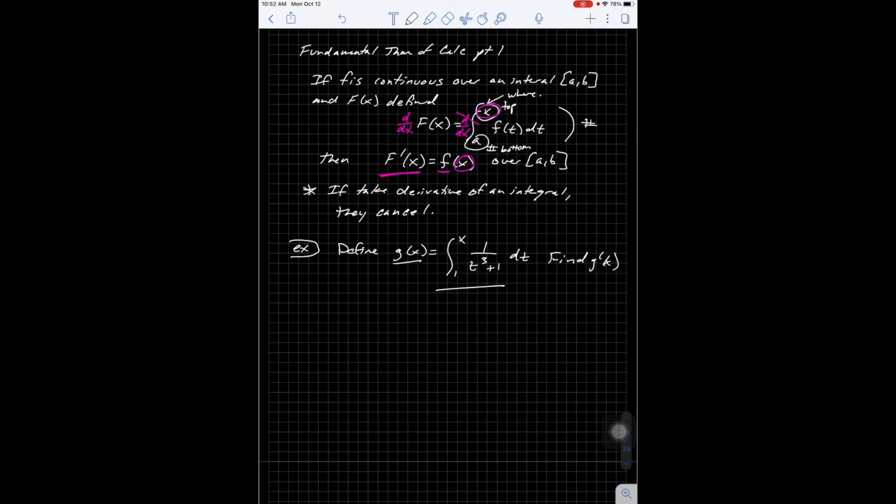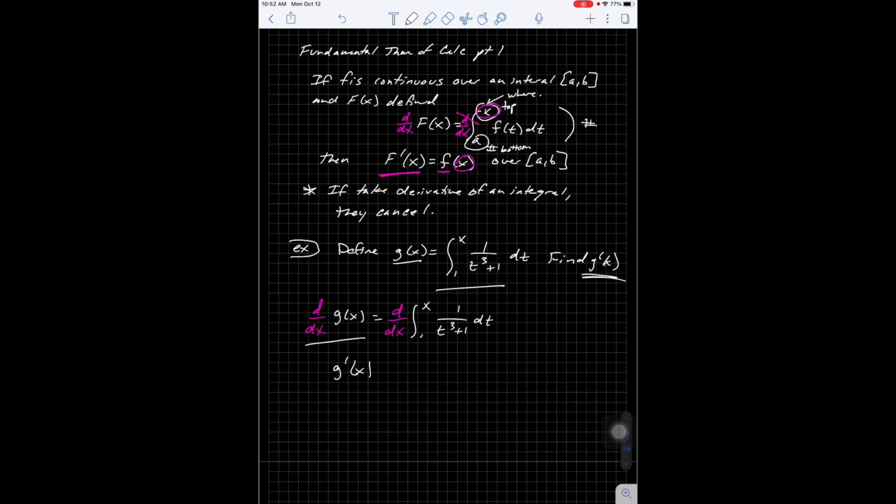So basically what I'm saying is I want you to take this function and I want you to take the derivative of each side. When I take a derivative of the left, this is g prime of x. That's what I'm looking for.